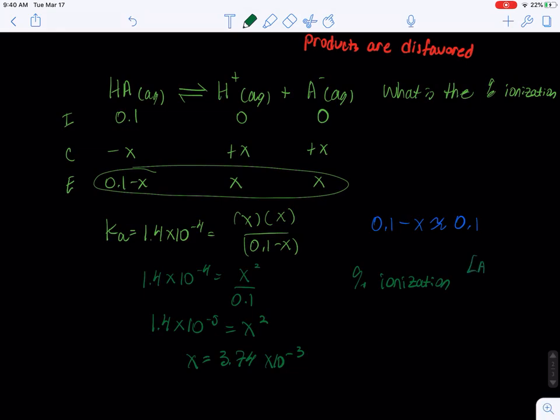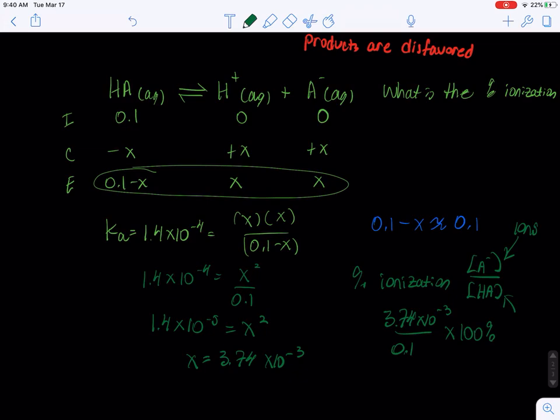The percent ionization is the amount of A minus over HA, right? The amount of ions per unionized associated acid. So that's going to be equal to this ratio, 3.74 times 10 to the minus 3 over 0.1, right?